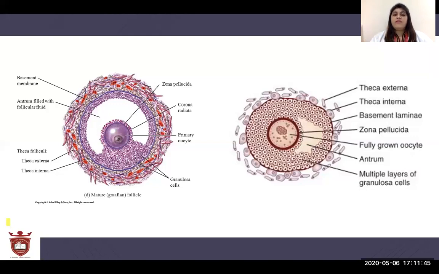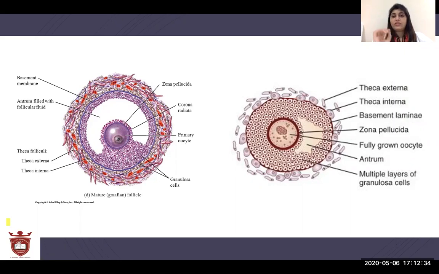Follicles which have the most FSH receptors will continue to grow and become the dominant follicle and go on to ovulation. This dominant follicle continuously secretes estrogen. As the estrogen level becomes higher and higher, it gives a positive feedback signal to the pituitary to secrete follicle stimulating hormone and luteinizing hormone.